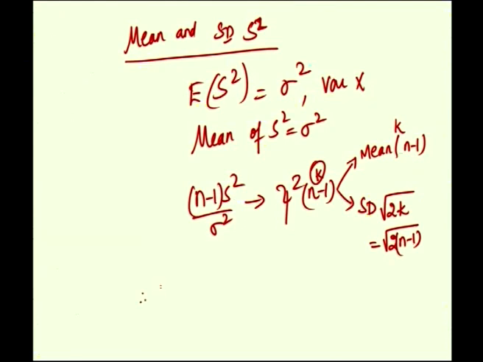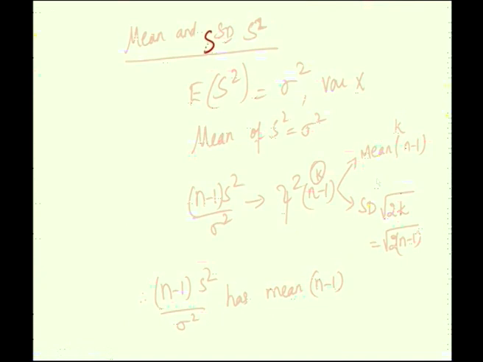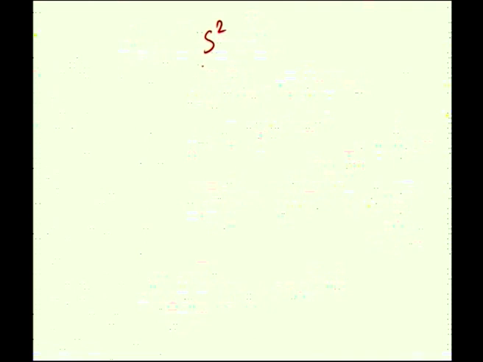So, it means (n minus 1) S square by sigma square has mean n minus 1. Therefore, S square by sigma square has mean (n minus 1) by (n minus 1).